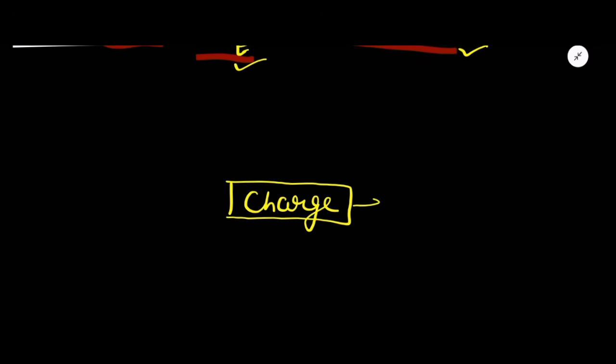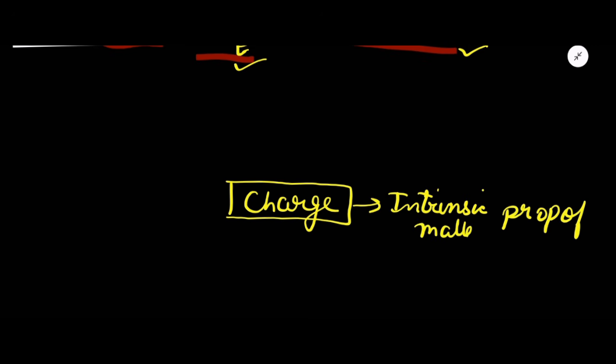So we can say that charge is an intrinsic property, or we can also say a fundamental property of matter. Like we have mass, for example, we also have charge.